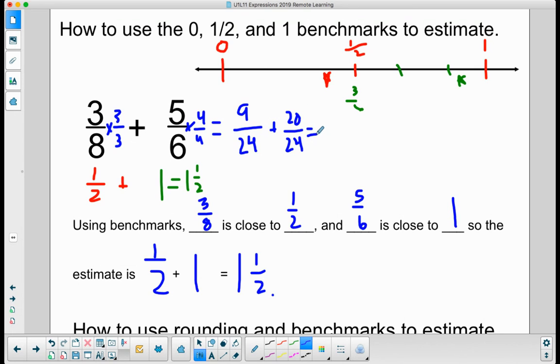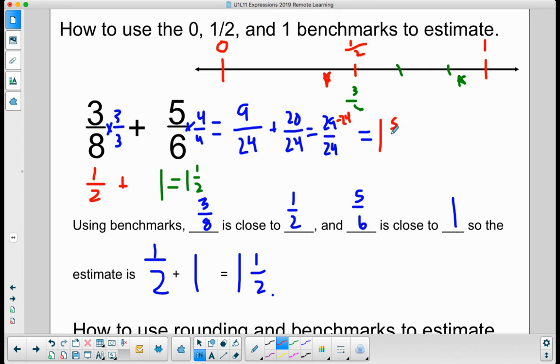Now I add 20 plus 9 is 29 24ths. 24 of these make a whole. So if I take out one whole, or actually I group one whole, that's taking 24 of these out.